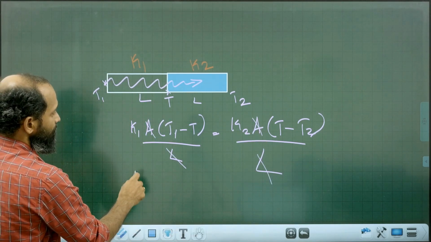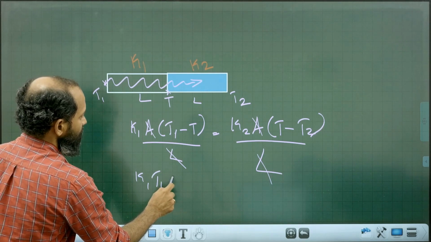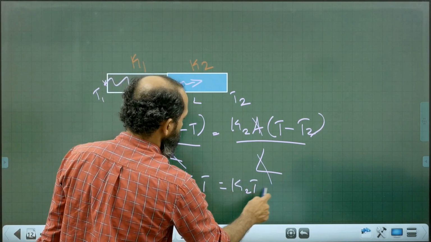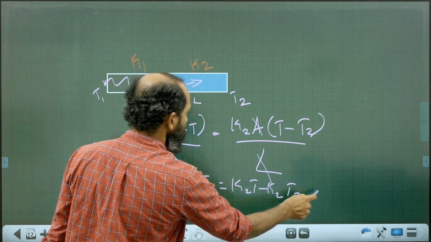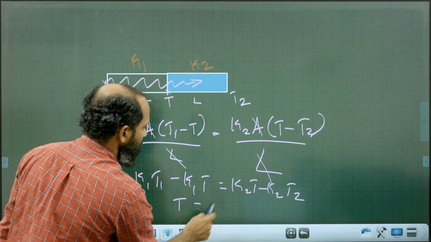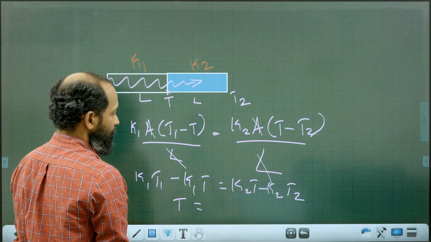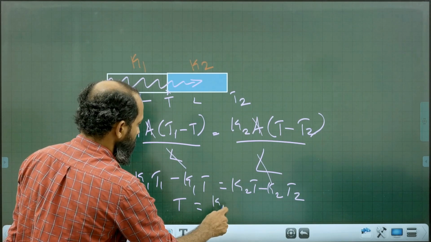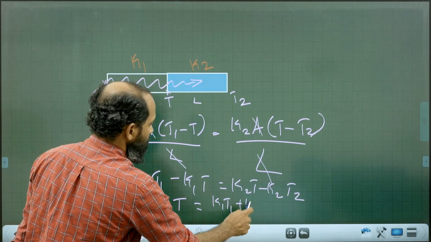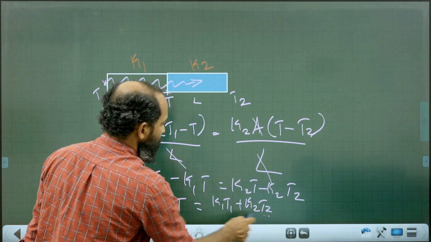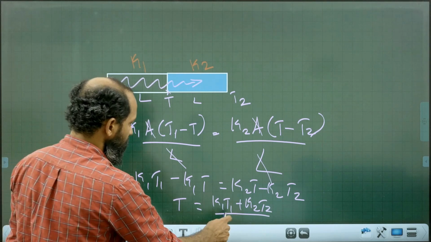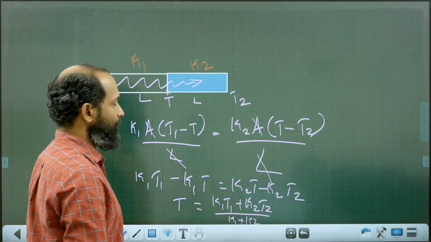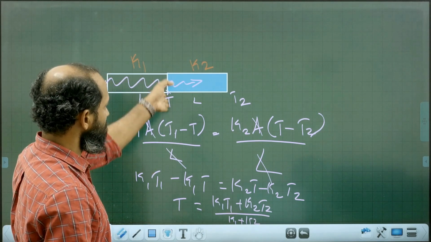Then you get K1 T1 minus K1 T equals K2 T minus K2 T2. So T is taken as common. So T is equal to (K1 T1 plus K2 T2) divided by (K1 plus K2), which can be used for finding the temperature of the junction.